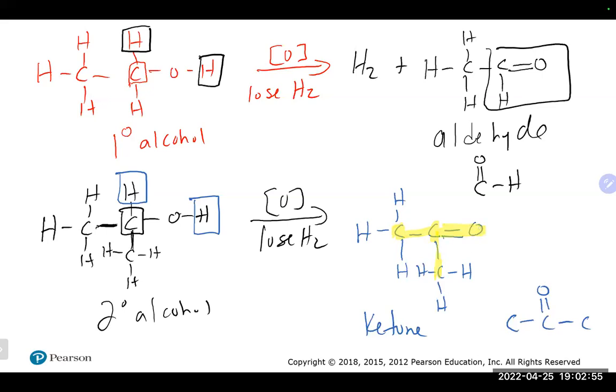And that makes a ketone. So if you oxidize a primary alcohol, you get rid of the 2 hydrogens, you make an aldehyde, double bonding between carbon and oxygen. If you have a secondary alcohol, you dump out 2 hydrogens, you're doing an oxidation reaction, double bond between the carbon and the oxygen, you get a ketone.